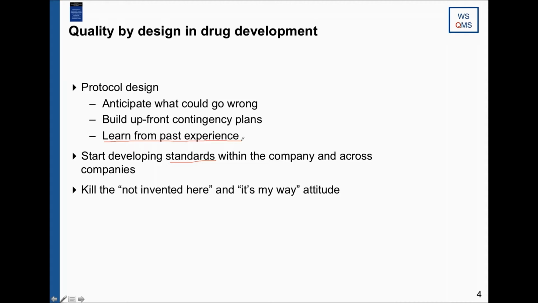What are the acceptance criteria? So here it's very important. I'm not saying that you should not involve experts, and that's what I said here. Learn from past experience. Very important to involve experts, but you should involve experts for designing basically standards. So collect a lot of experience, a lot of ideas, a lot of information about how to handle which situation, and then basically funnel them into certain standards that can be accepted within your company and maybe even across companies.